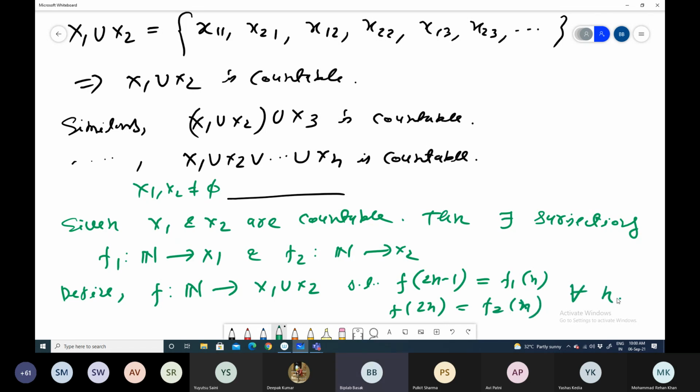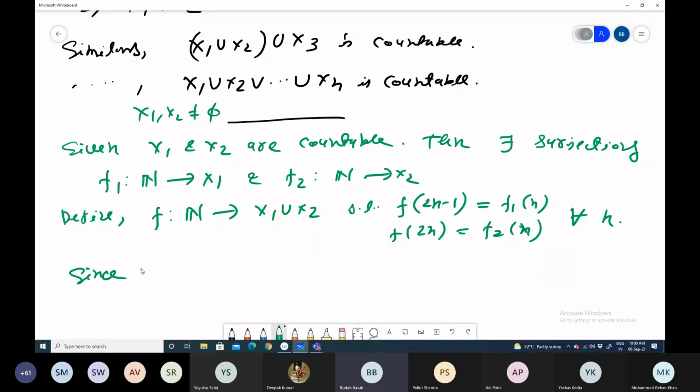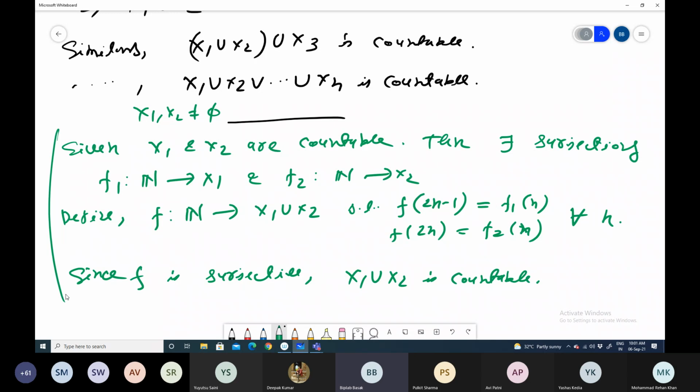This is true for all n. By the construction, f is a surjective function. Therefore, since f is surjective, x1 union x2 is countable. We can use the previous theorem or the previous corollary as well. So both ways we can prove this part.